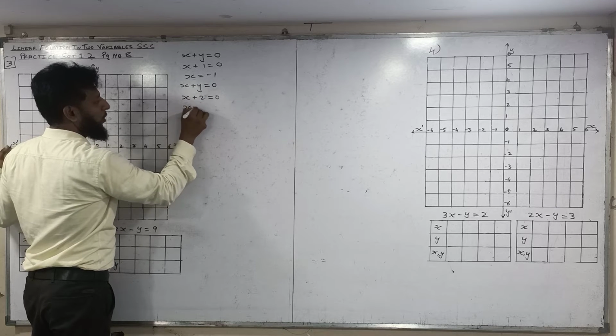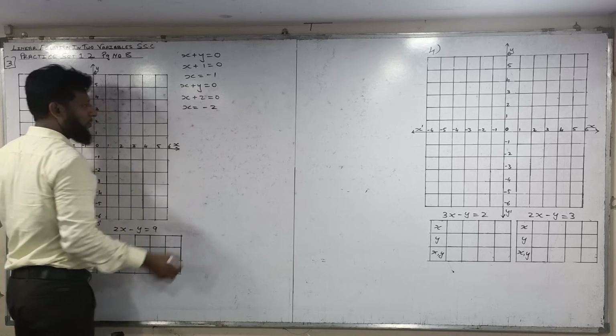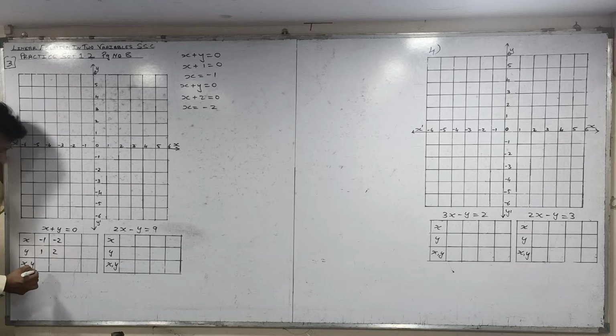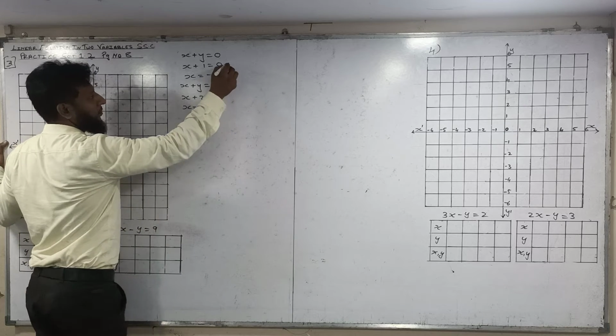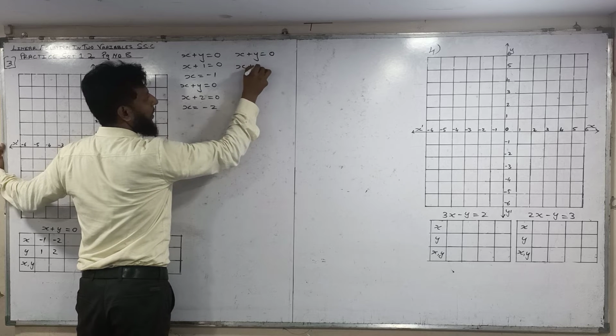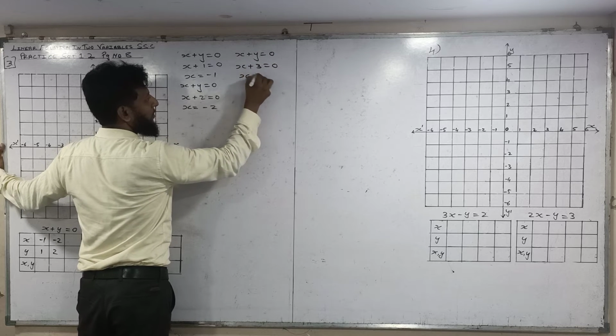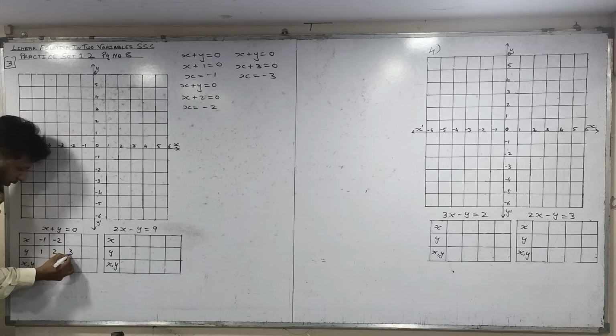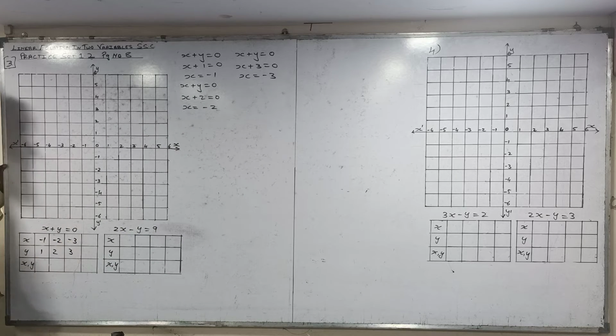So plus 2 will go there and become minus 2. So when I am taking y value 2, x value minus 2. So again x plus y is equal to 0. Again y value 3. So plus 3 will go there and become minus 3. When I am taking y value 3, x value becomes minus 3.